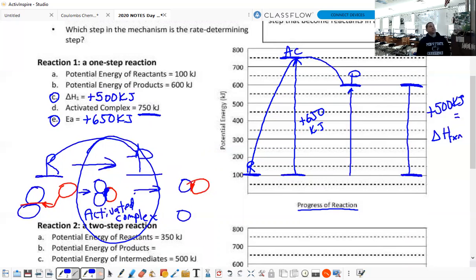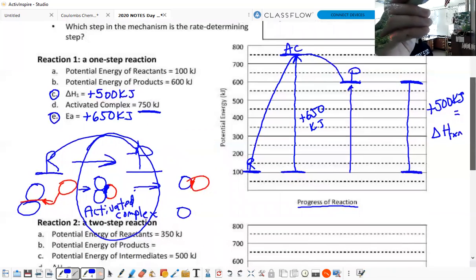It requires 650, so you add 650 kilojoules of energy, which gets you to the activated complex. Then you can see some of that energy is released as the products are formed. But this thing overall is endothermic, meaning the reactants compared to the products are at higher energy, so it required more energy to get it there.